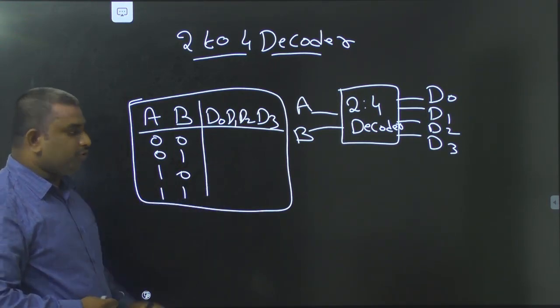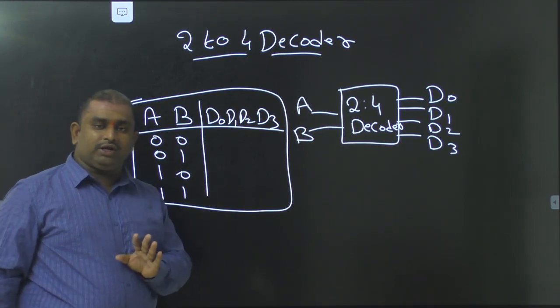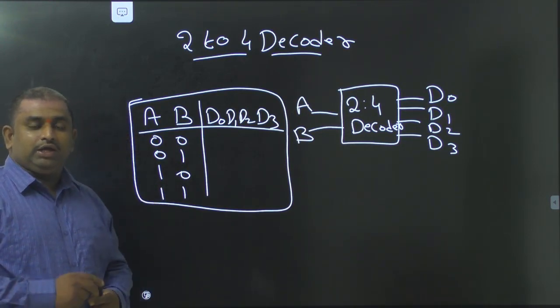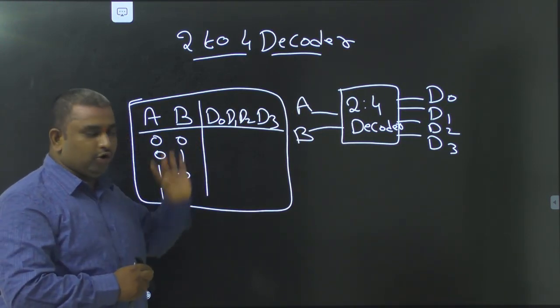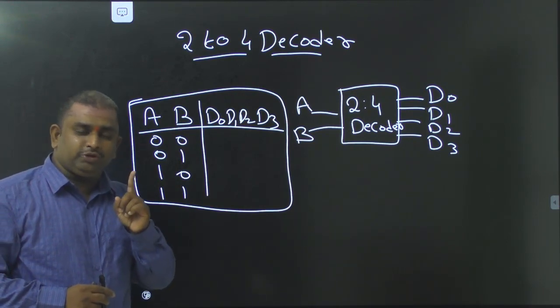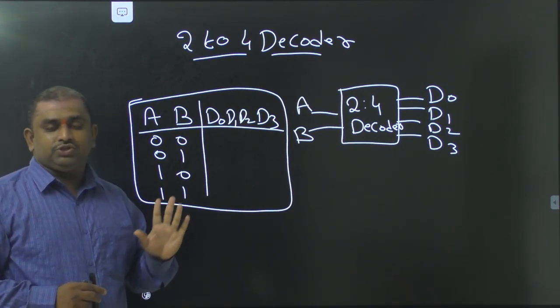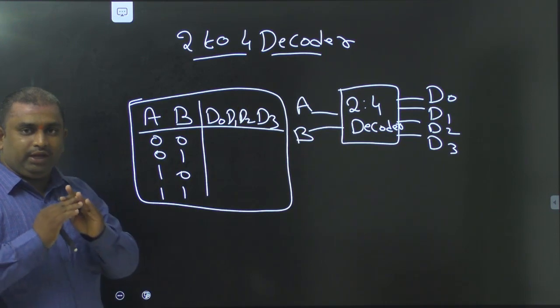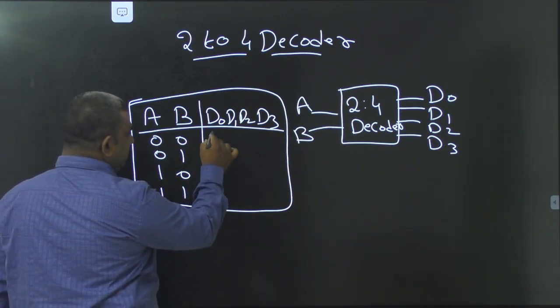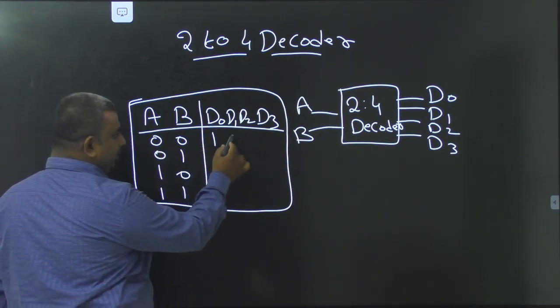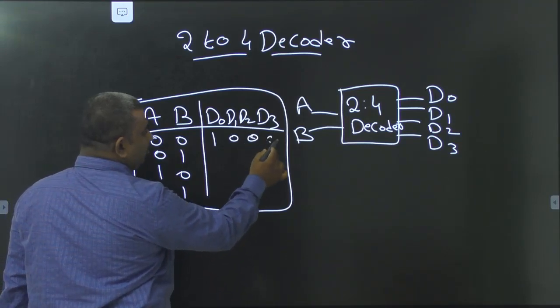Coming to the output combination, the condition of decoder: here we have 4 outputs. Any one of the outputs should be activated at a time. So remaining all the outputs have to be active low. That is, for the 0 0 combination D0 is equal to 1 and remaining outputs are 0.